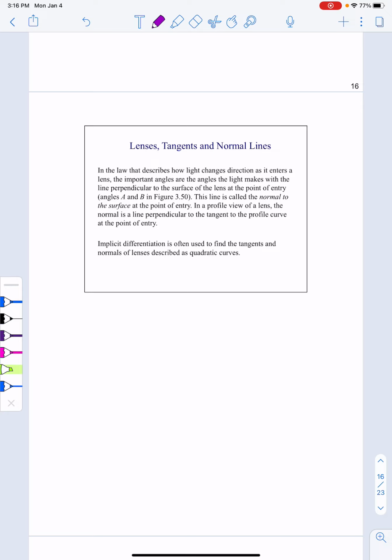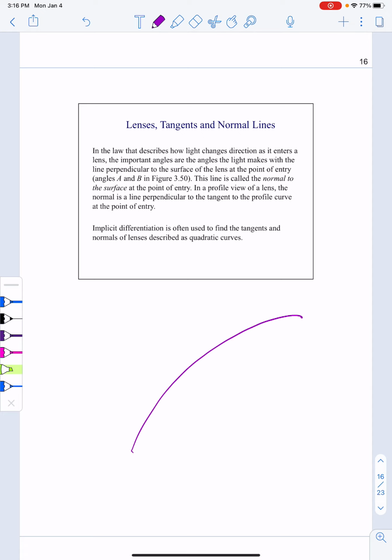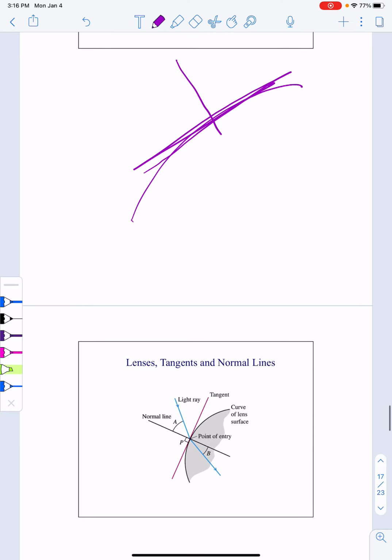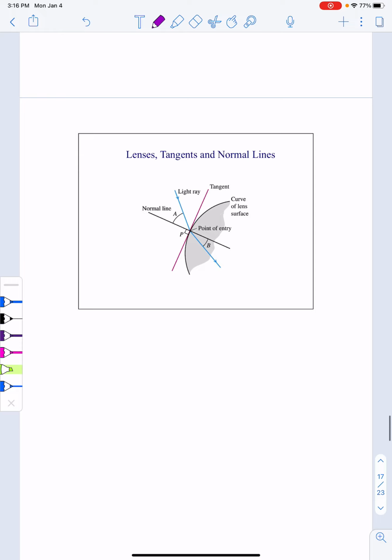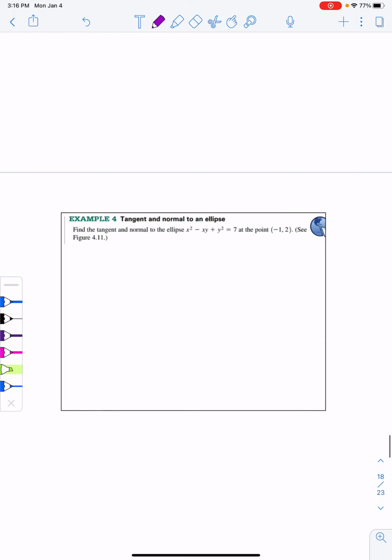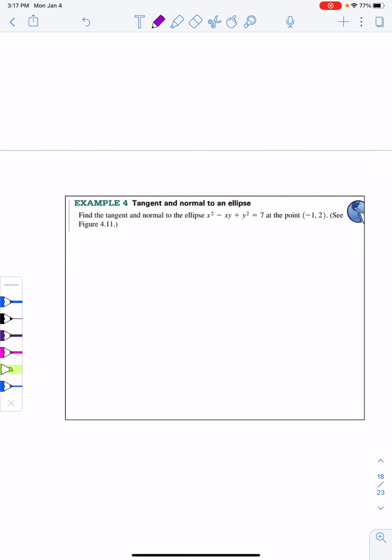And in a profile view of the lens, the normal is a line perpendicular to that tangent. So you have a curved line, you have the tangent that goes through here, and you have a normal that goes through here. So that's things like your eyeballs or any curved surface. I wear glasses, and so you'll notice they do the same picture here. And so that's the kind of thing. So it says find the tangent and normal to the ellipse at the point (-1, 2).